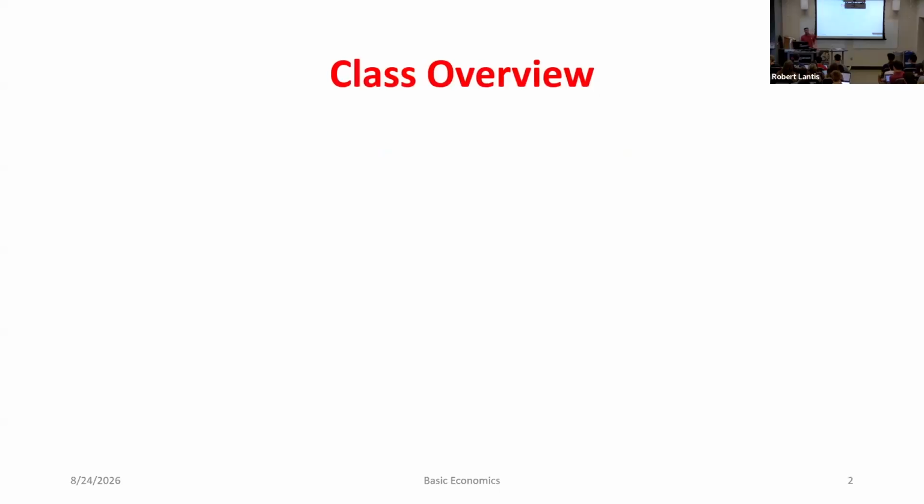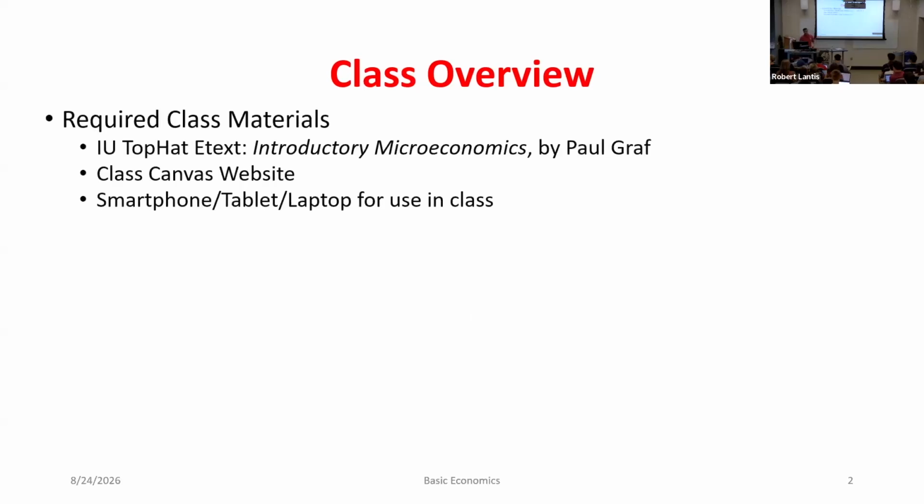Today, we'll go over the syllabus a little bit. I've got it summarized in the slides. If you want to go through it in more detail, the Word document is up there on Canvas. Just to get some of the stuff out of the way, we will have a required text for this class. It's going to be an e-text. I actually had to resync it this morning because of late adds and late withdrawals.